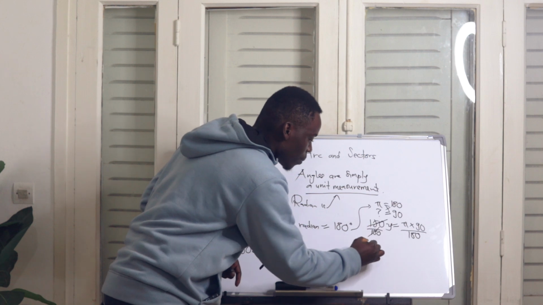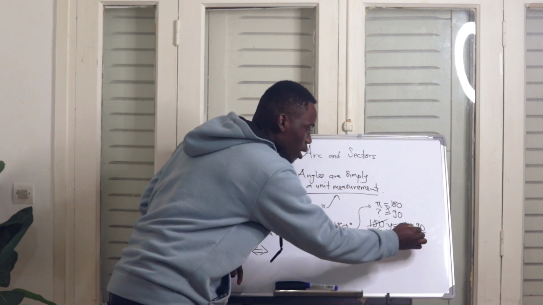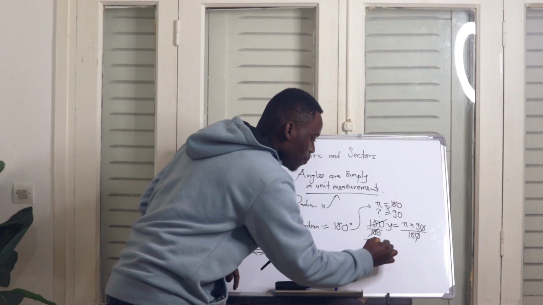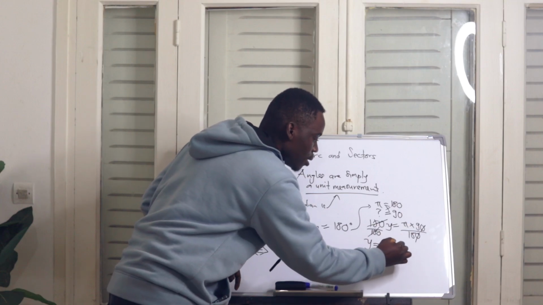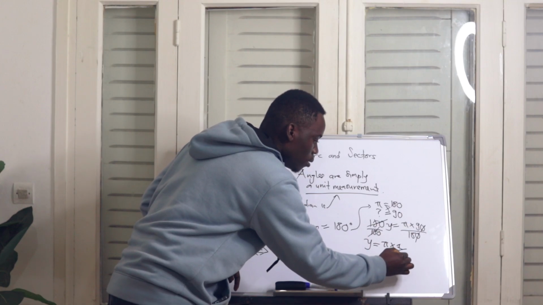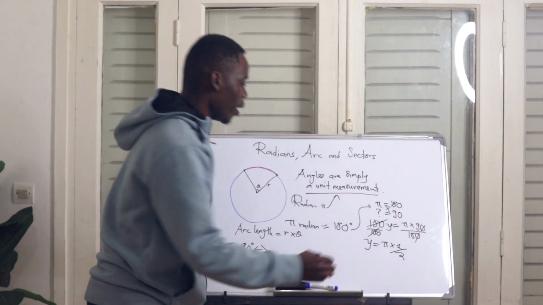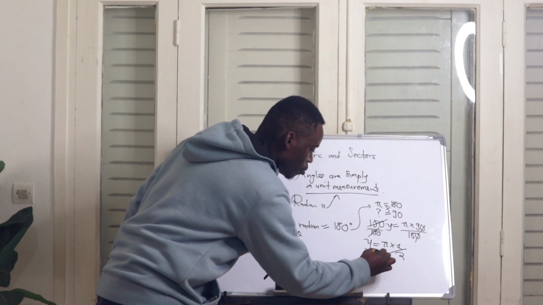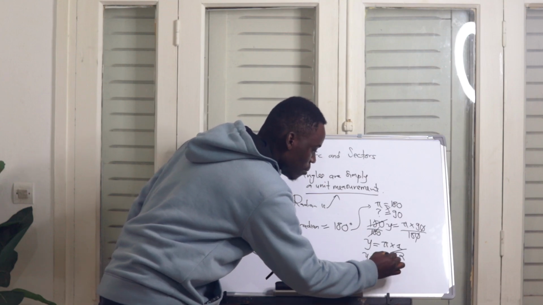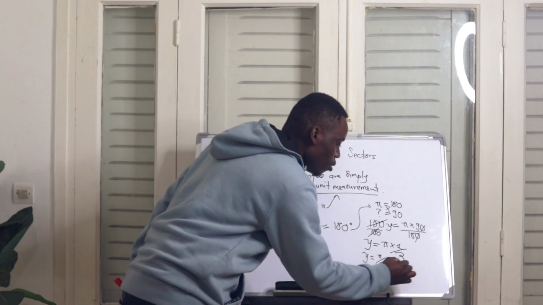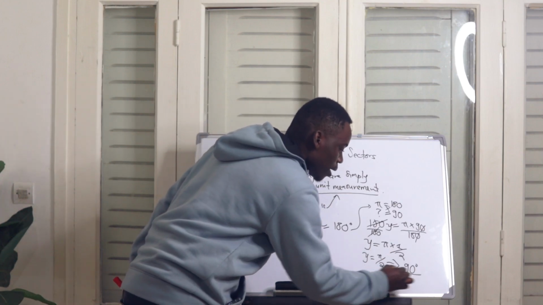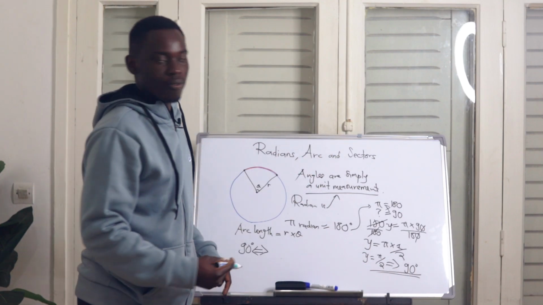The zeros will cancel. Our y will be equal to pi times 1 over 2, since 9 into 9 is 1 and 9 into 18 is 2. Hence, our y is equal to pi over 2. This means that pi over 2 is equal to 90 degrees. That's how you do the conversion.